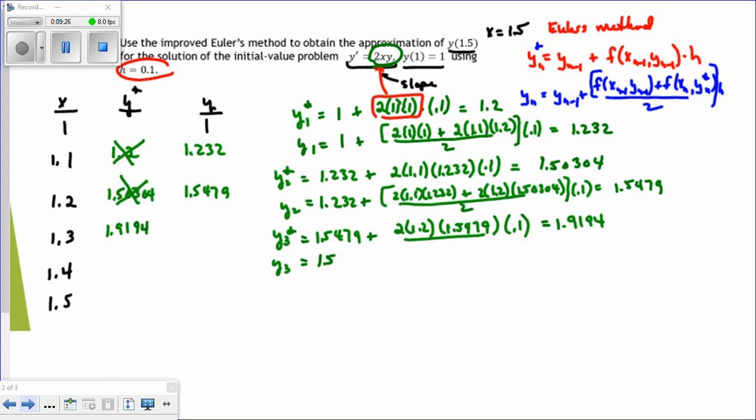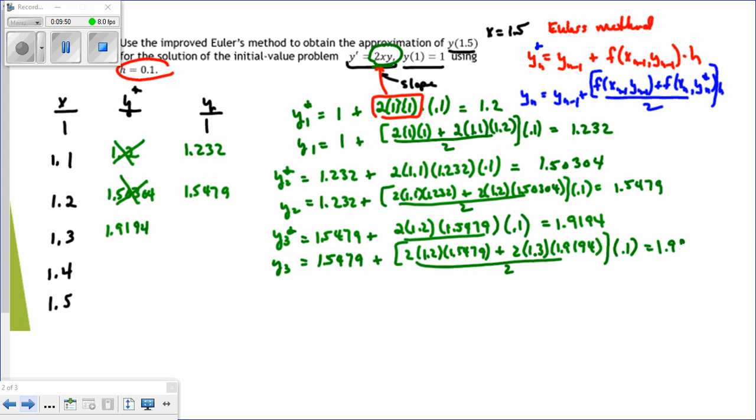So again, the previous value, average the two slopes, now we're going to use the 0.13 and 1.9194 times the 0.1, and that comes out to be 1.9832.